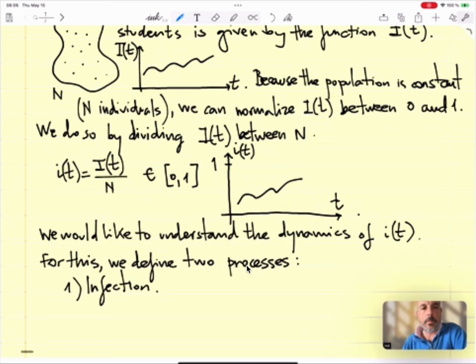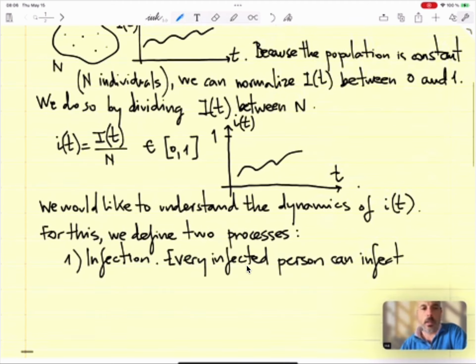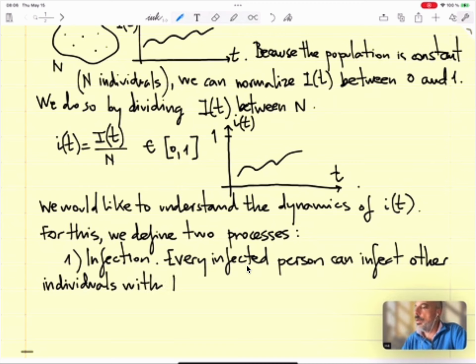Okay, so every infected individual can infect other individuals with rate beta.